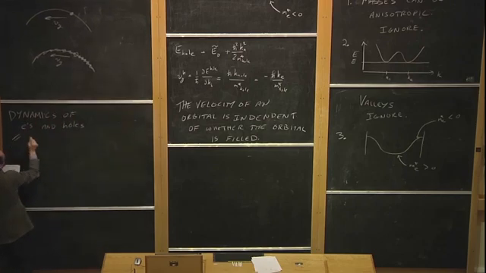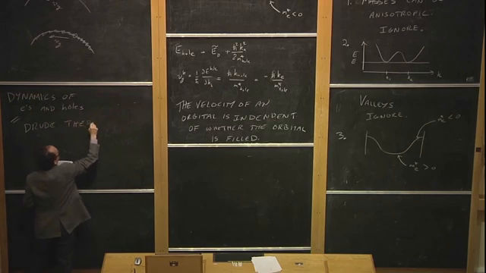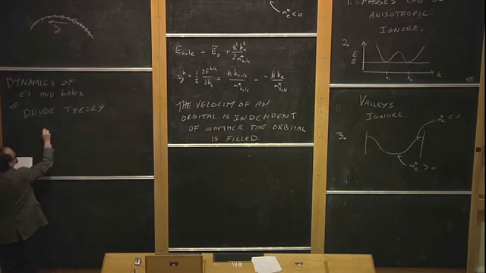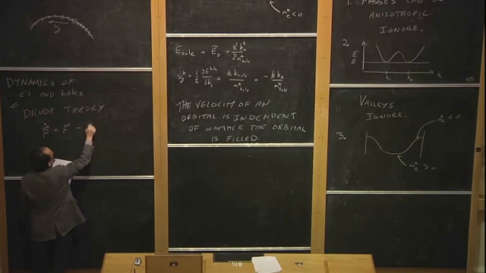And the simplest way to handle dynamics is what we started the term with, which is to think about Drude theory. So we're back to Drude theory after many weeks. And so let's recall the Drude equation that we derived. P dot equals F, just Newton's equations with a drag term, P over tau.